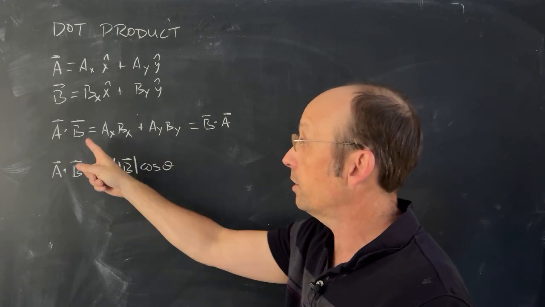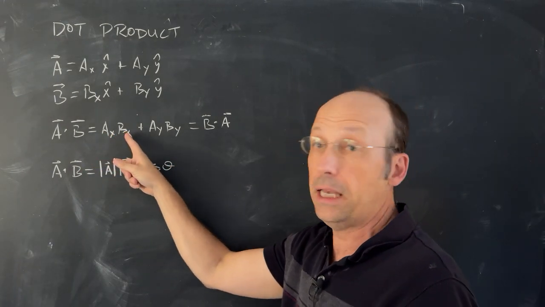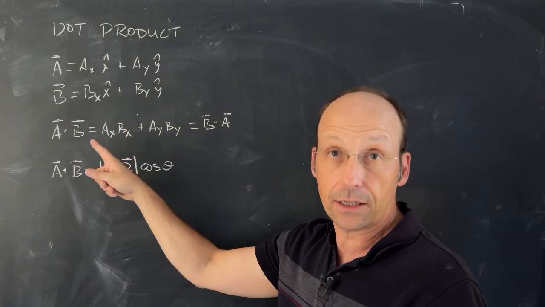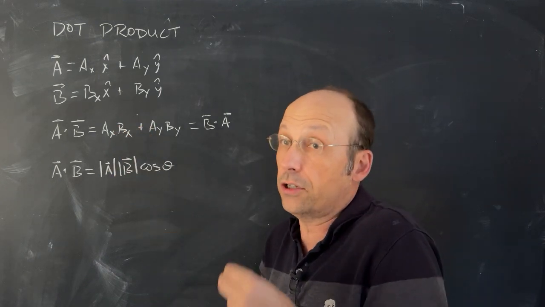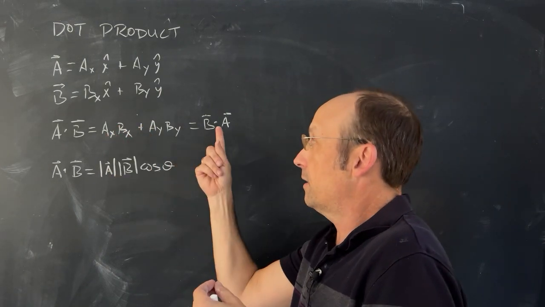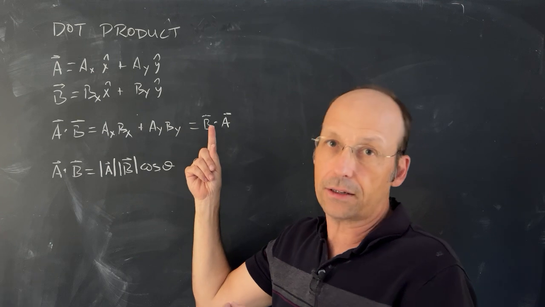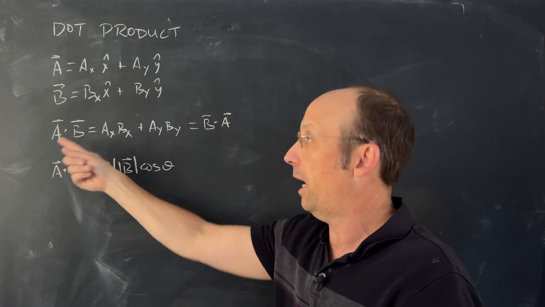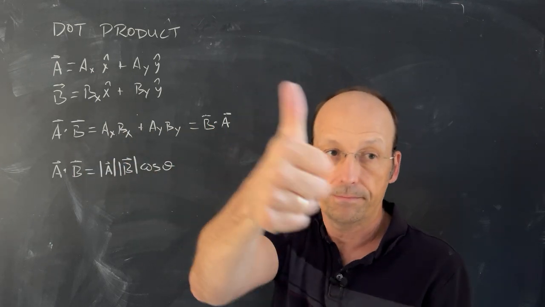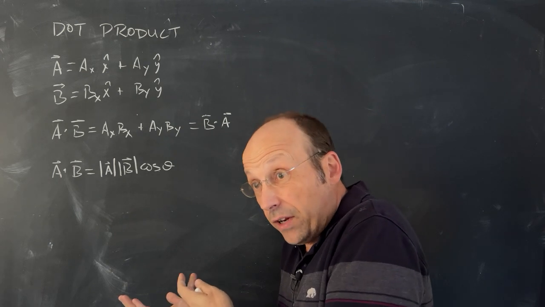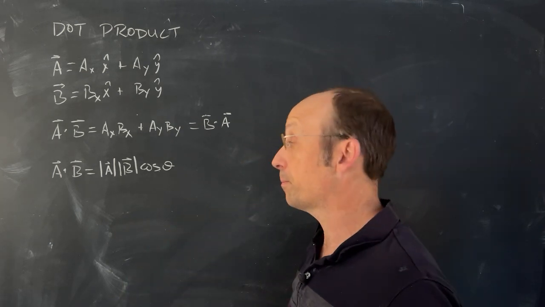Okay. Also, since ax times bx is the same as bx times ax, I can switch that. Scalar multiplication commutes. Well then, because of this, the scalar product, the dot product, also commutes. So a dot b is b dot a. Now, there is this other definition that is sometimes useful.